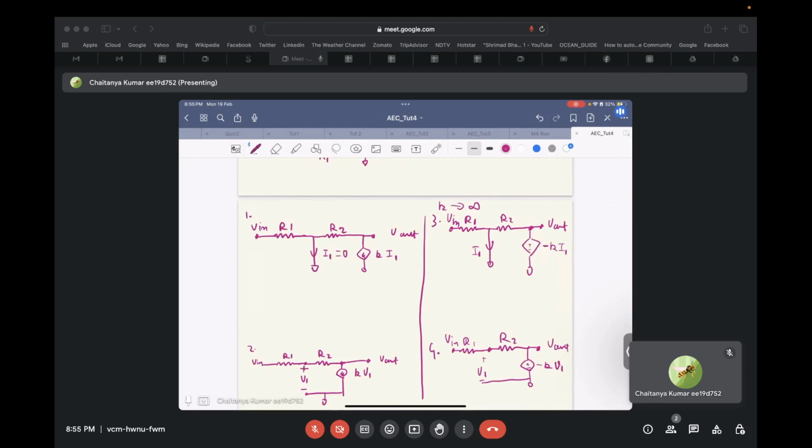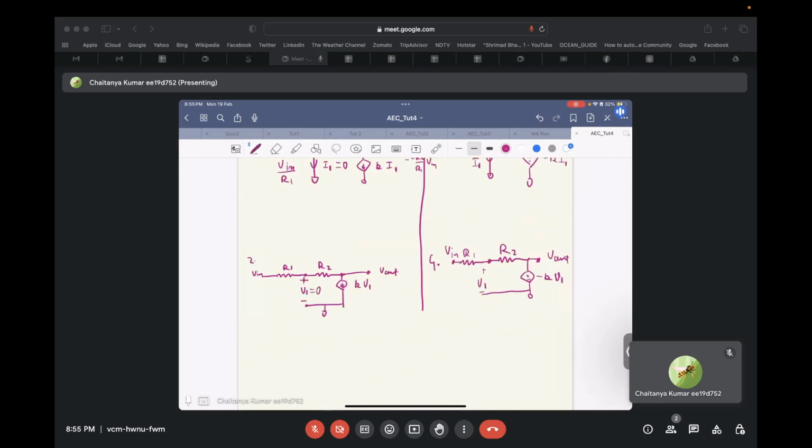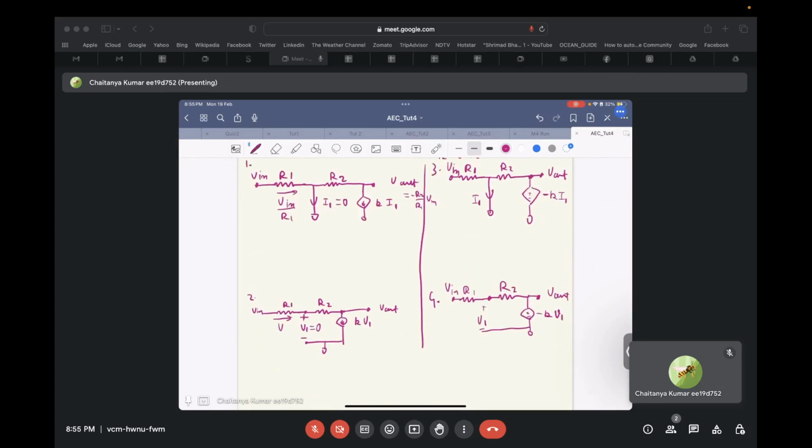In the first case, I1 will go to 0. The current through this resistor R1 will be V in by R1, and the output will be minus R2 by R1 times V in. In the second case, V1 will go to 0. The current from here will be V in by R1. The same current will flow through R2, and output will be minus R2 by R1 times V in.